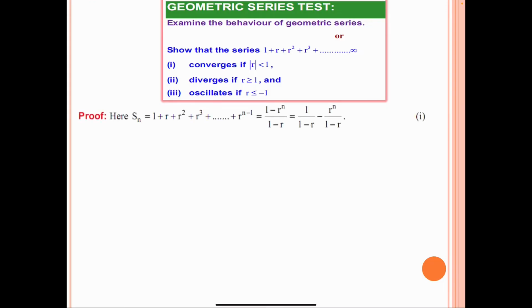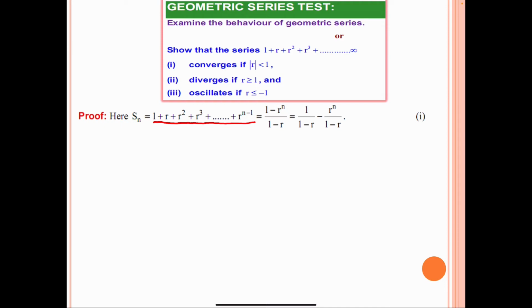Now, first step is write nth partial sum. So nth partial sum means Sn. In this case, Sn is 1 plus r square plus r cube plus and so on plus r power n minus 1. तो ये n minus 1 तक पावर को लेके जाना है, and that one is the nth term of the series. Clear?